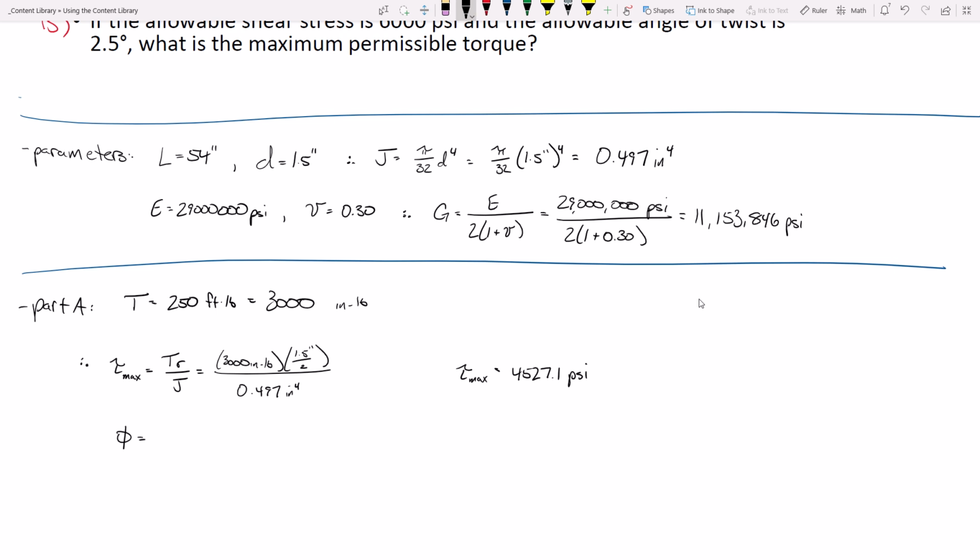Was that good? Okay, I'm getting people shaking their head, yes. Okay. The angle of twist, again, torque, length, G, J.